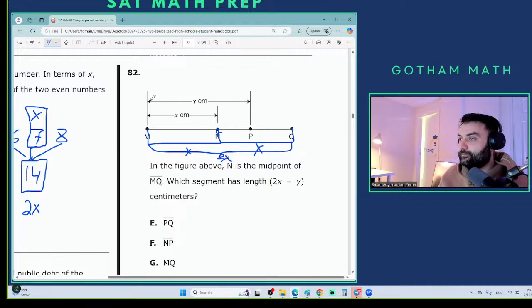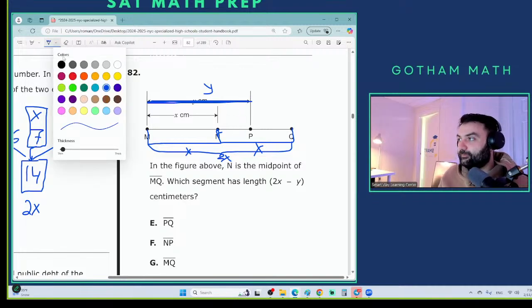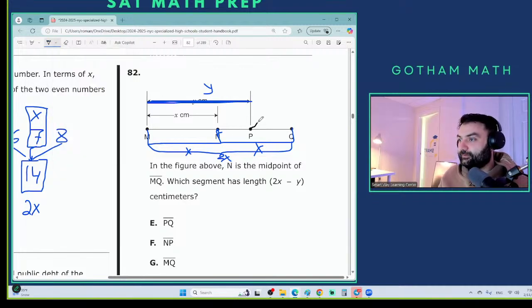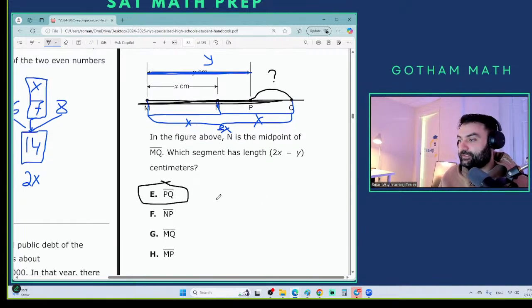All right, 2x minus this segment, which is y. So what's left? Samir, surprised you didn't get it right. This segment is left when we do the whole thing minus the y, which is PQ. The answer is E. Okay, Dmitry, Aziz got it right.